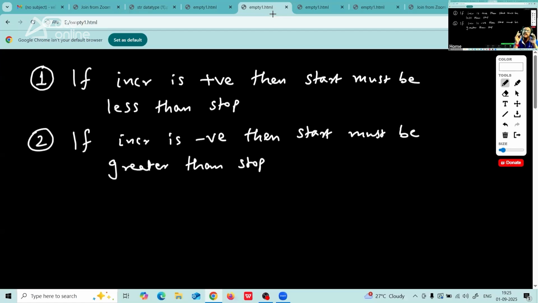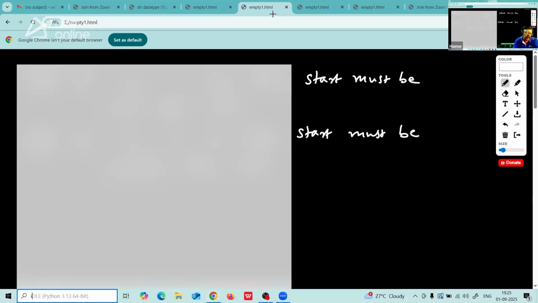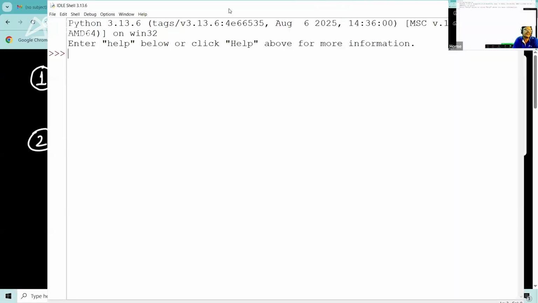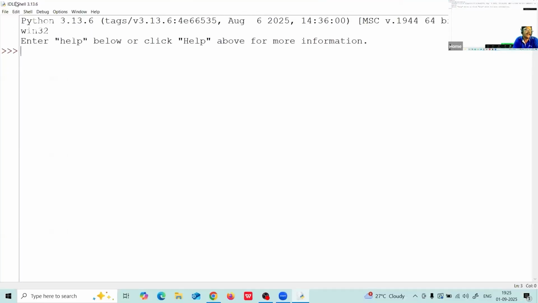The same rules were there for range also. You properly memorize this. These are obvious rules. So what I will do is I'll directly take you to Python IDLE, and let's try to write some commands on slicing on the IDLE shell.